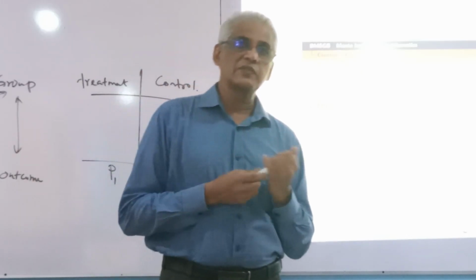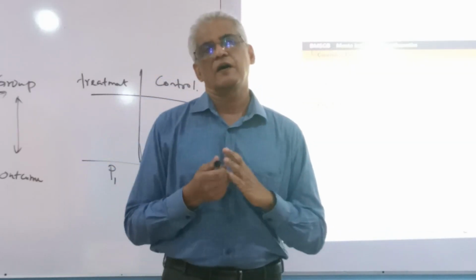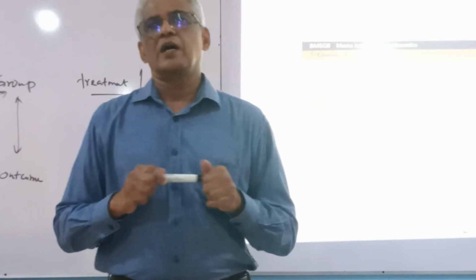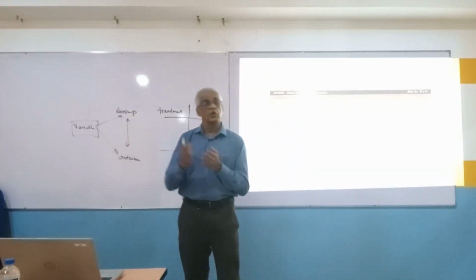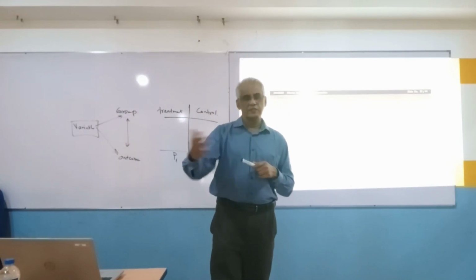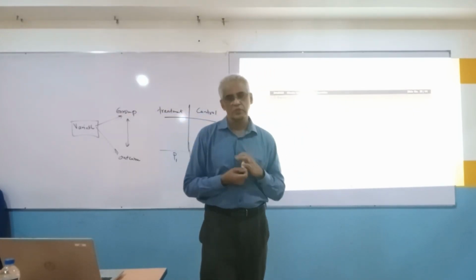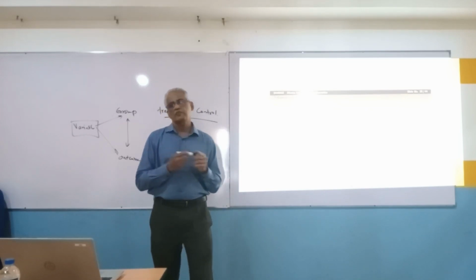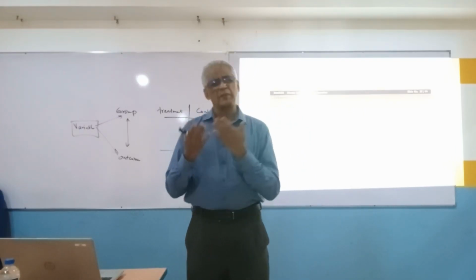The third type is actually directly doctors can decide whether there is an effect or not. For example, in the polio case, people cannot say whether they got polio or not usually. The doctors can definitely say whether he has polio symptoms or not, because the doctors know what the symptoms are and so on. So in that kind of situation, actually, this placebo effect will not be that important. Placebo effect might be there.